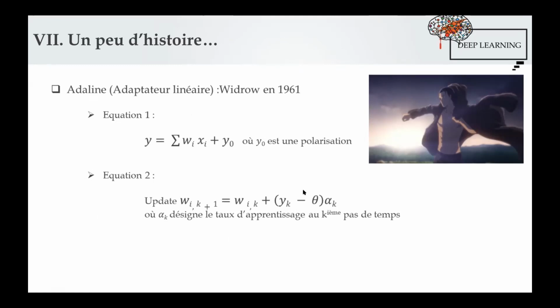Il faisait ça pour mettre à jour les poids. Cette mise à jour était très naïve parce qu'on ne savait pas où on allait, et dans certains problèmes, ça ne garantissait pas la convergence, c'est-à-dire l'efficacité du modèle.